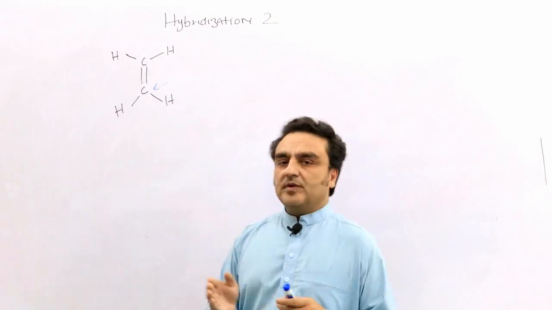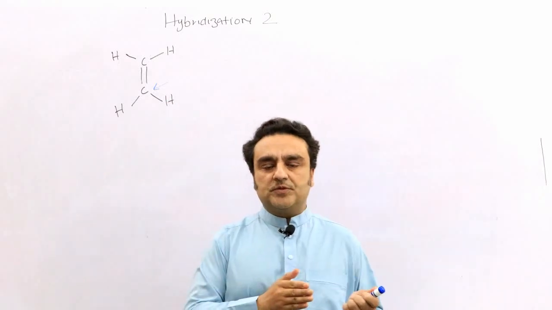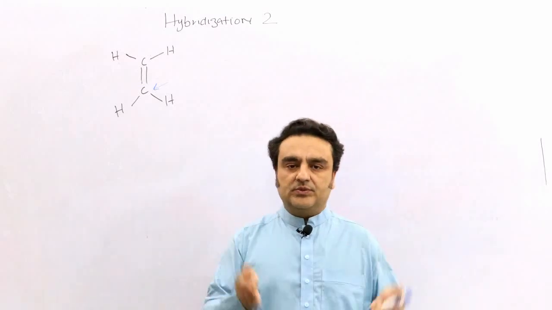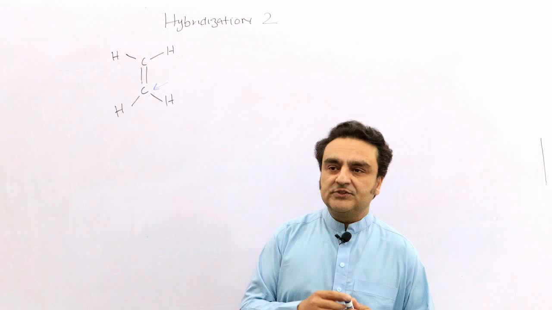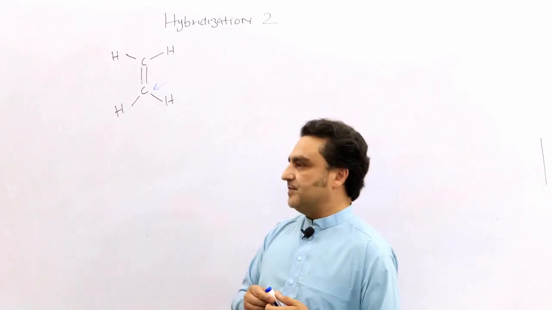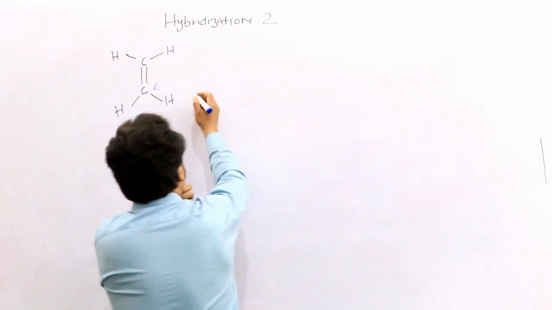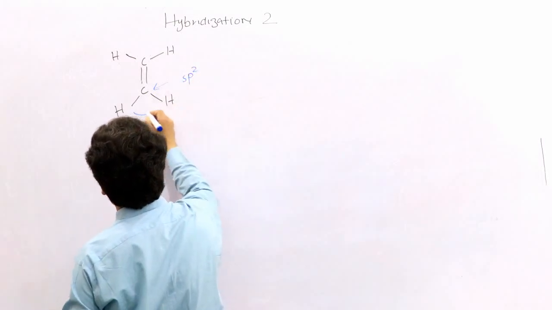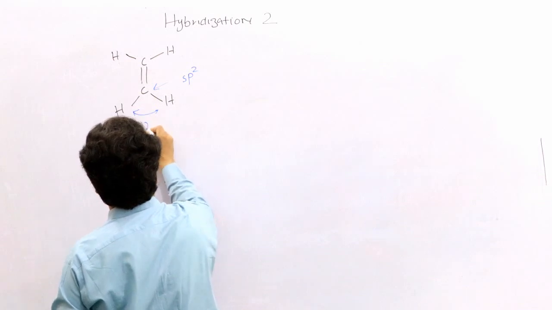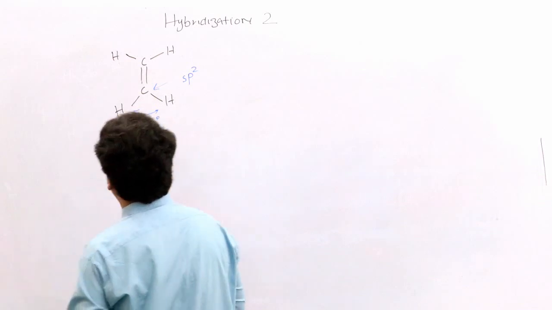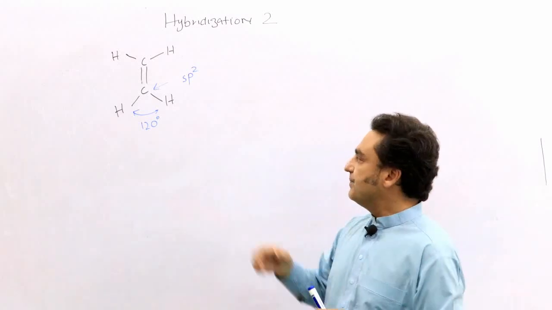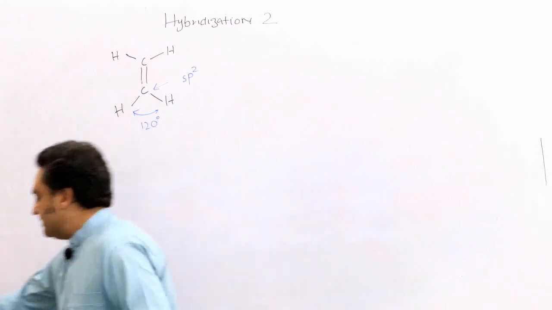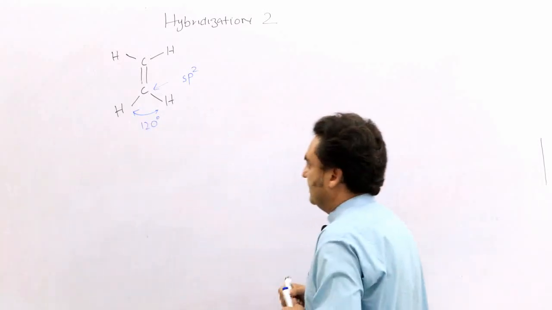It is a very simple molecule. There are no other moieties or groups present in this molecule to change the geometry or to deform the structure of the molecule. So we can say that this molecule is sp2 hybridized, and the bond angles here are 120 degrees.